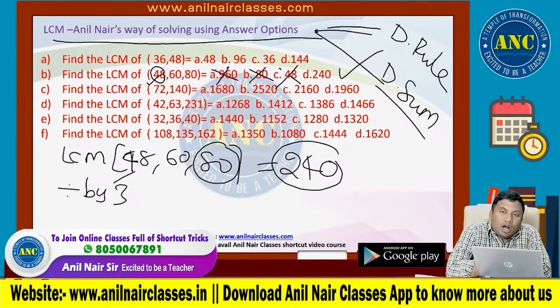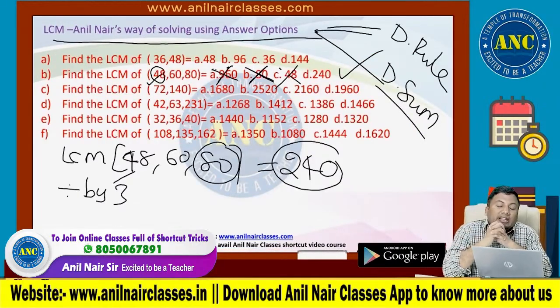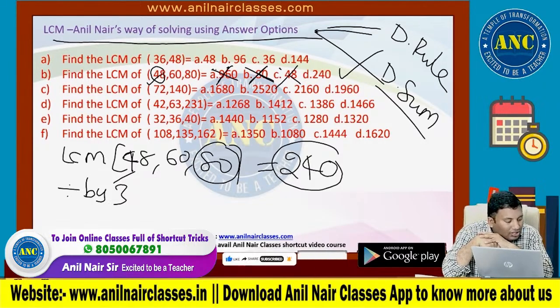Answer should also be divisible by 3. 960 is out. 80 is out. 48 is also out. Why 48 is out? LCM is derived from the largest number.